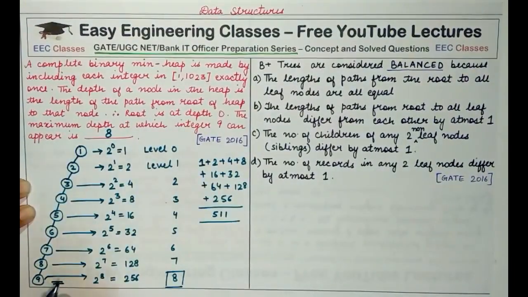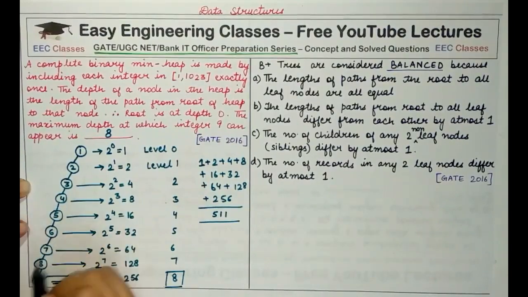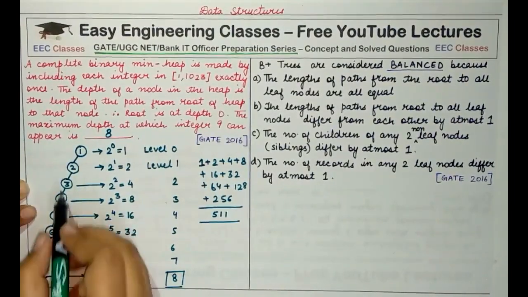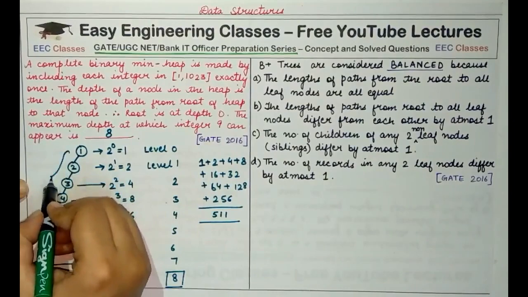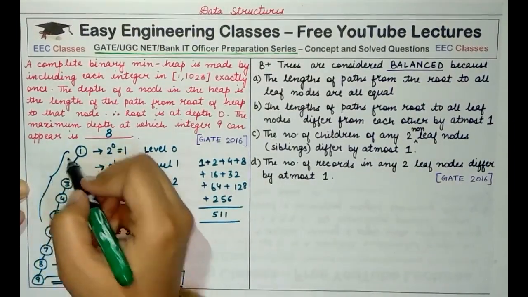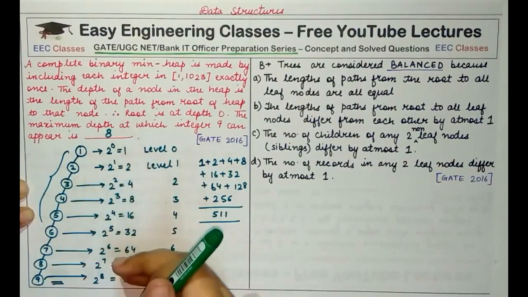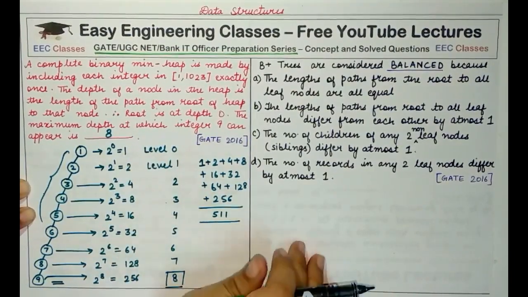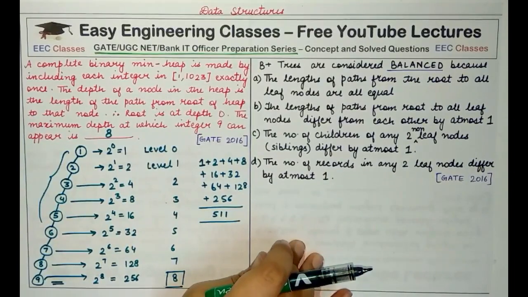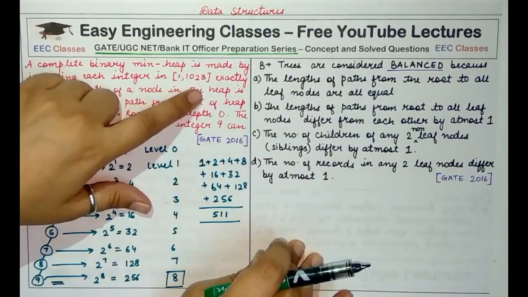Please ensure that if you are placing a particular value at the largest depth by doing such an arrangement, left skewed or right skewed, then you have to make sure that the number of nodes appearing in the previous levels are equal to or less than the maximum number of allowed nodes that you can place there.